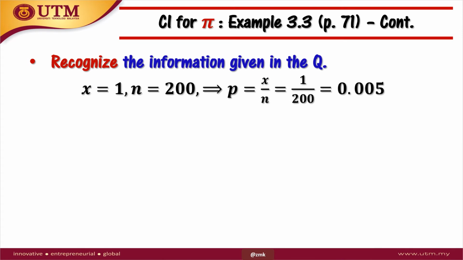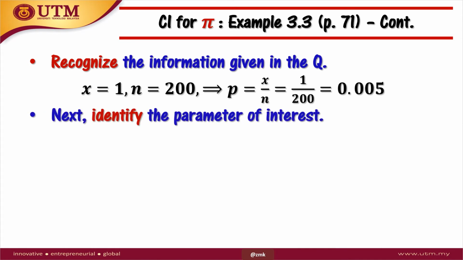Here we can list down the information using correct notation, and we can see that the number of defective units x is 1, the sample size n is 200. Therefore, we can calculate the point estimate for the unknown population proportion of defective units denoted by p, which is equivalent to x over n. Substituting the values of x and n, we have 1 over 200 equals 0.005.